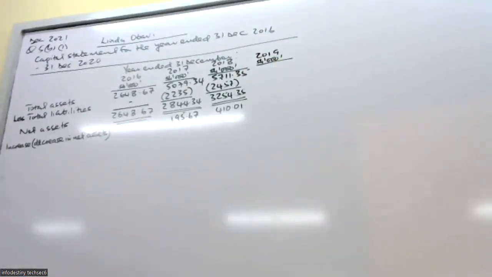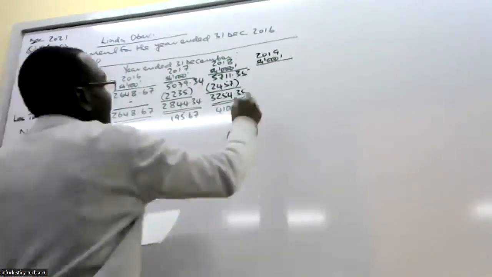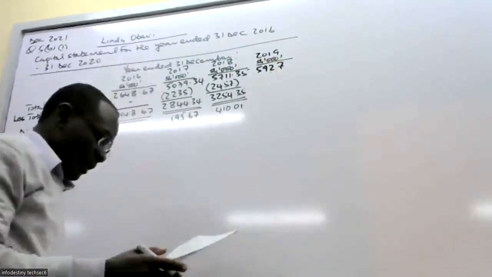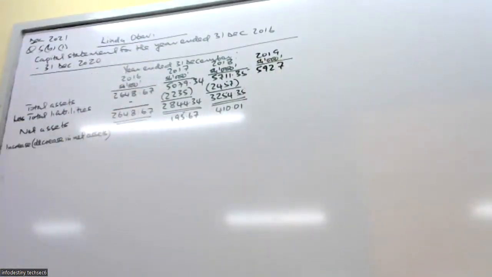2019 total assets is given, 5927. Again, for total liabilities we need to add the bank loan of 1716 plus 972, 2688.